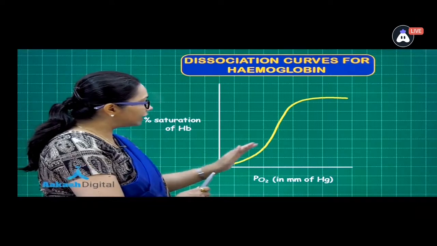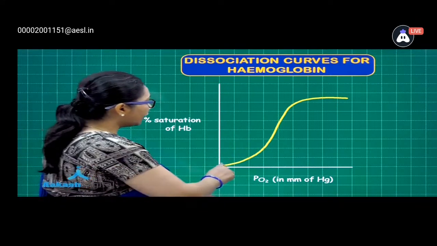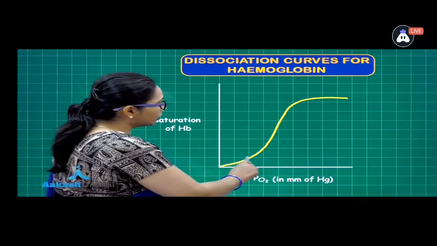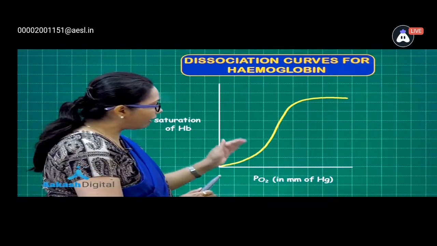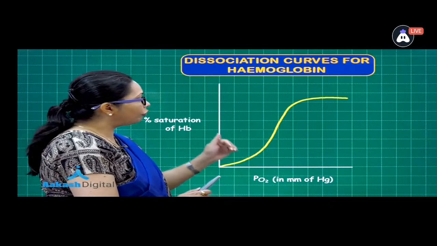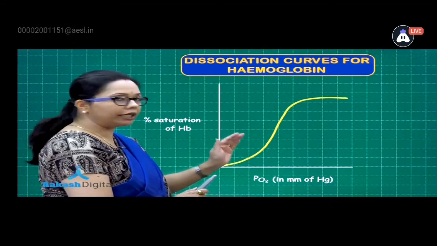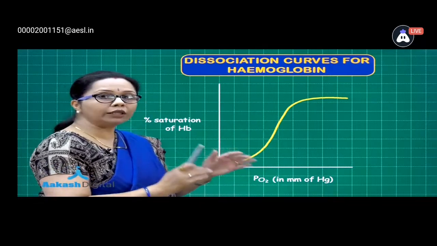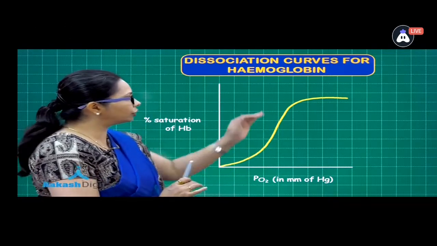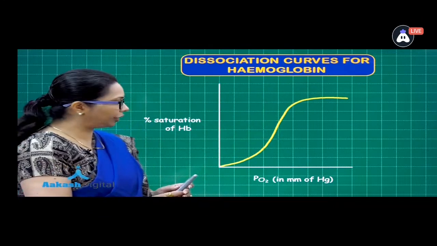Now in this curve we can see the shape, it is sigmoidal, and initially in a sigmoidal curve there is a lag phase, that is when hemoglobin is having low affinity. Now with binding of oxygen, affinity increases, so that's why there is a sharp rise, and when all the sites are occupied by oxygen, we have this saturation.